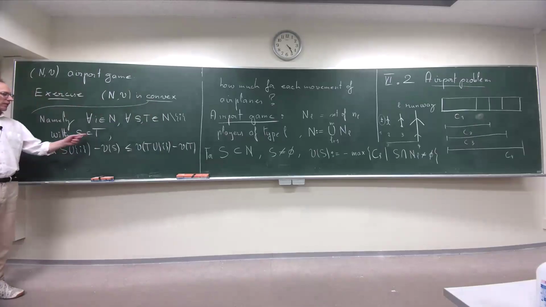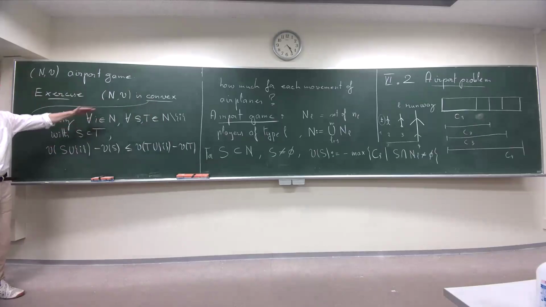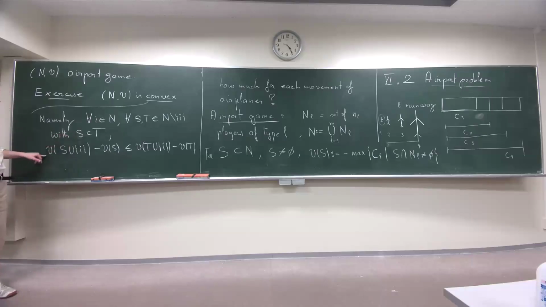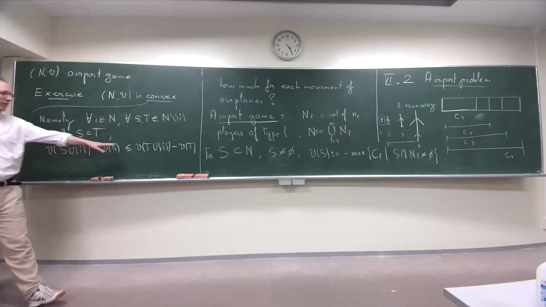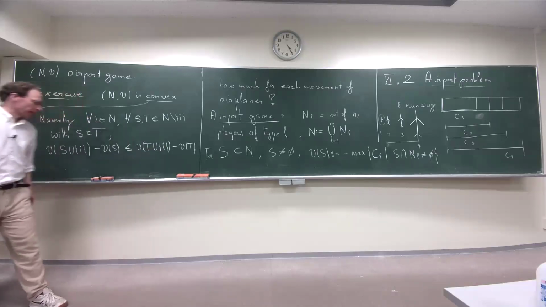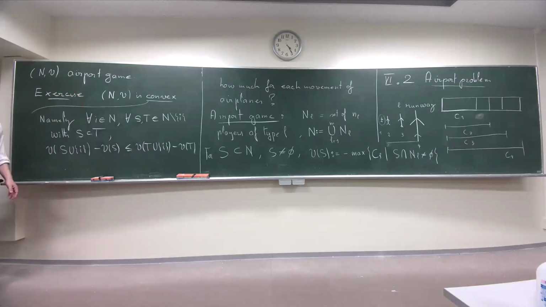It says if you have two subsets, or two coalitions, one inside the other one, V of S union i minus V of S is smaller than V of T union i minus V of T. This is a definition of convex in this setting. It has nothing to do with the airport game, but it turned out that the airport game is convex.